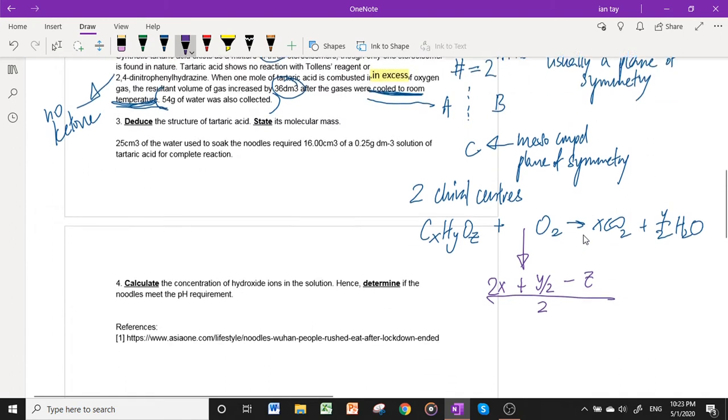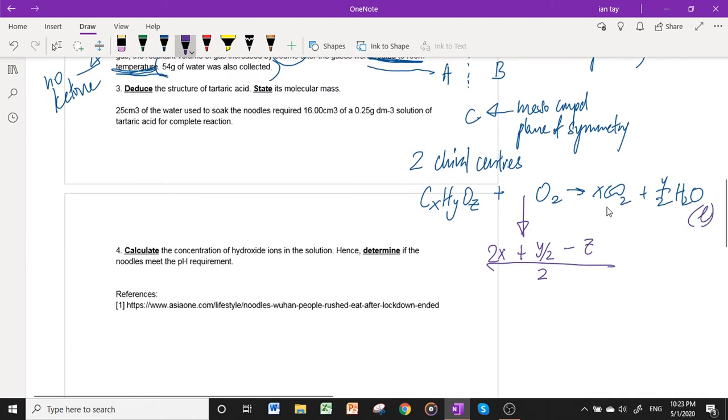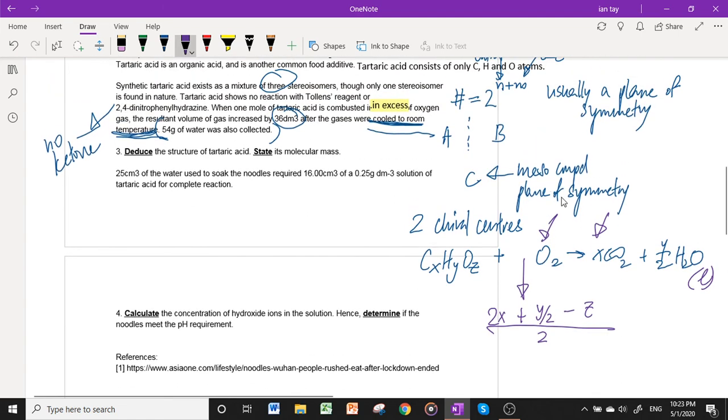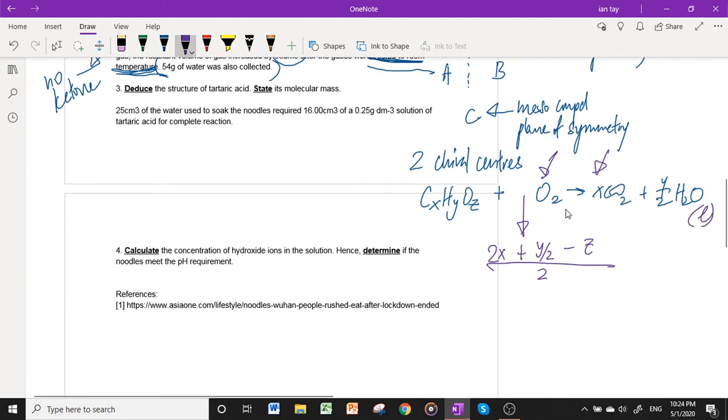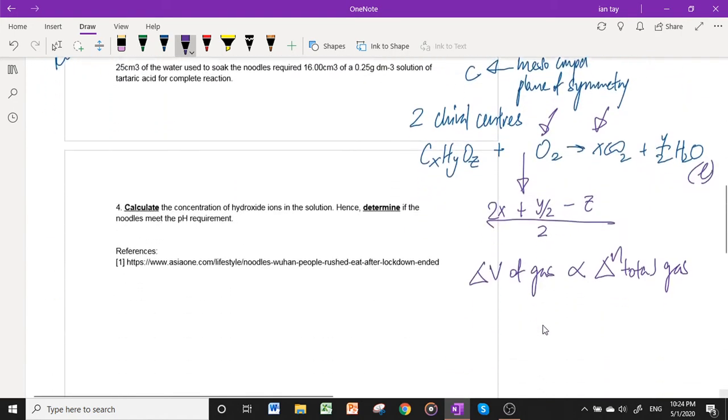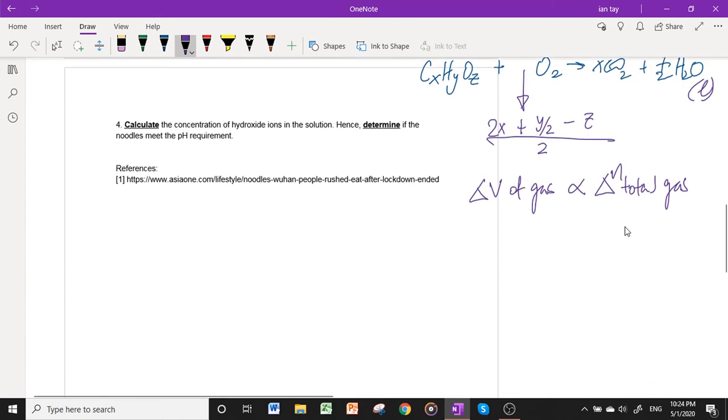So we can begin, but this one is liquid, remember, when it's cooled down to room temperature. So which are the gases? This is a gas, this is a gas. Tartaric acid, like most organic acids, is solid, or at most a liquid, hardly gaseous. So we can then say that the change in the volume of gas, by Avogadro's law, is proportional to the change in the total amount of gas in moles, and that equals the final minus the initial.